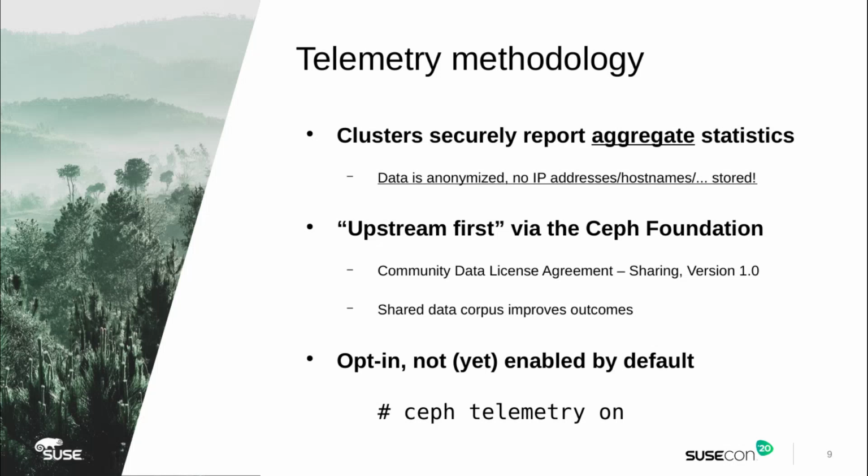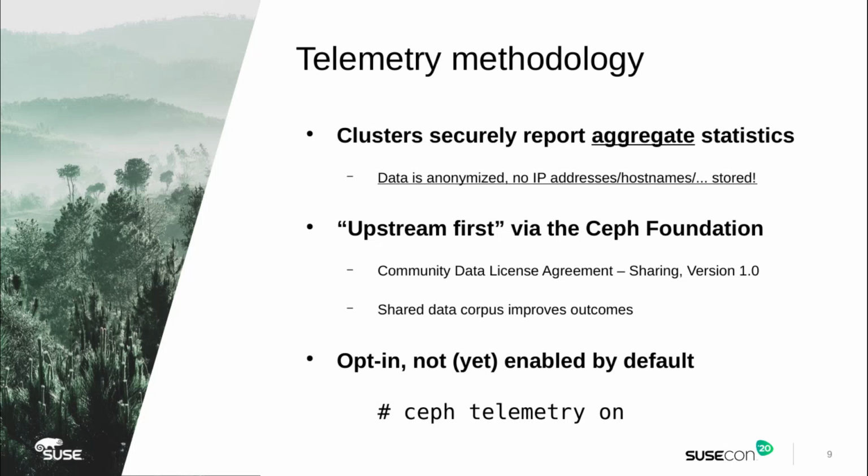The data is licensed under the Community Data License Agreement Sharing version 1.0, which you could at a very high level think of as the data set equivalent to a GPL license. I would encourage you to read the actual license, but that's why we've chosen it and what it boils down to, because we believe that sharing this data improves the outcomes. And also it is opt-in.